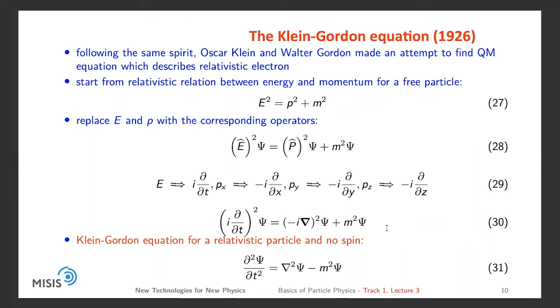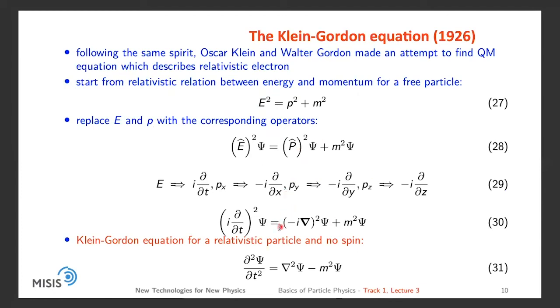Following the same spirit, Oscar Klein and Walter Gordon made an attempt to find a quantum mechanical equation which describes a relativistic electron. For this, they started from the relativistic relation between energy and momentum for a free particle and replaced E and p with the corresponding operators.